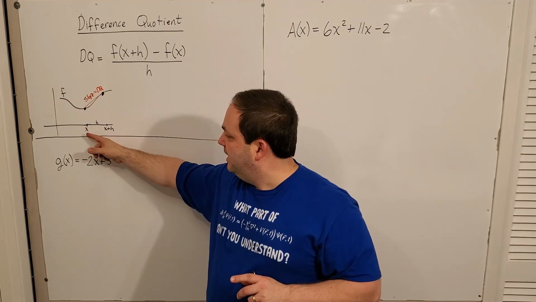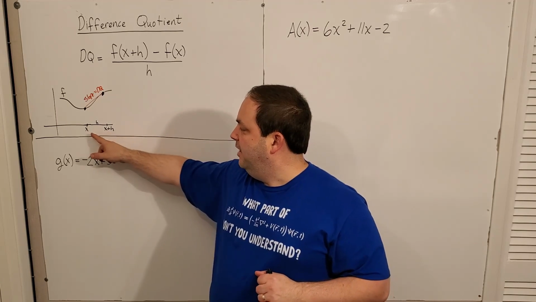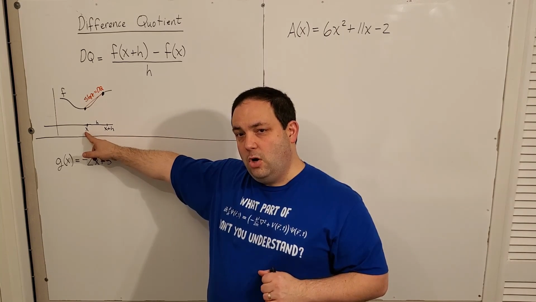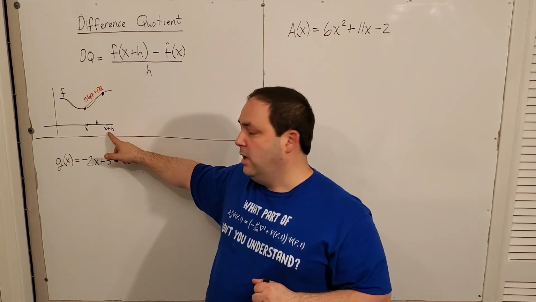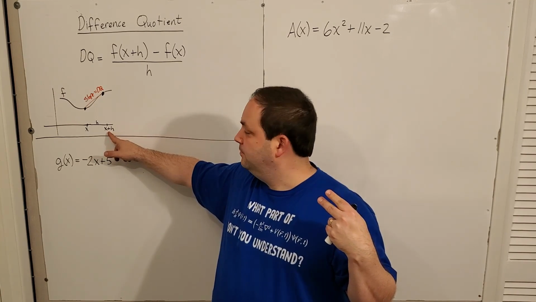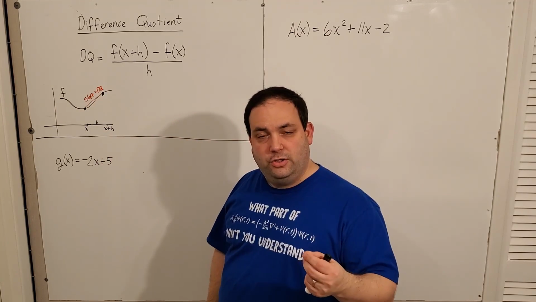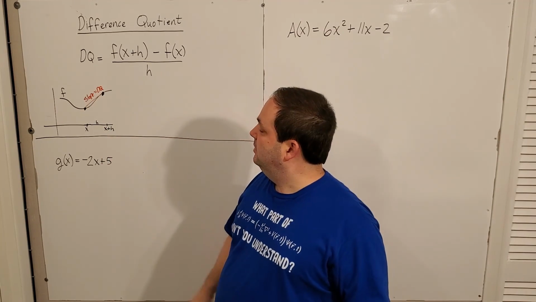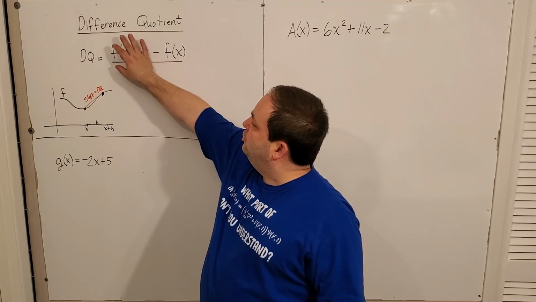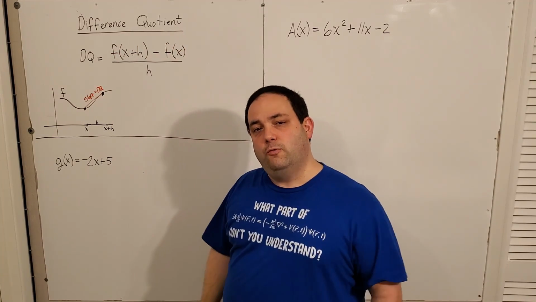And what's happening is, just like in the average rate of change, I'm taking these two x values, the beginning x that I start with, and whatever the next x is after I add h to it, x plus h. So I'm taking those two x values and plugging them into the function, just like we did with average rate of change. And once I plug them in, these are two y values. And then the subtraction of those gives me the rise.